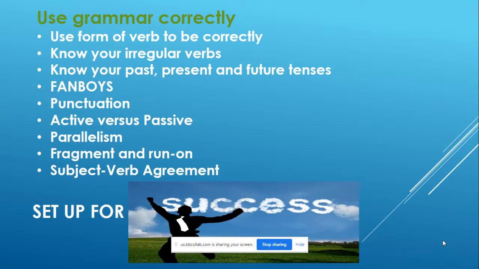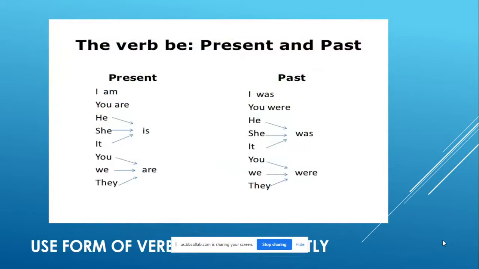Parallelism is how to balance your writing. Fragment and run-on sentences, this is something very big and a problem with most writers, and you have to be very careful. Subject-verb agreement, we're going to review that a bit so you can see it. So all of this is probably maybe two 8-week English classes, so I'm going to do this as quickly and as efficiently as I can.